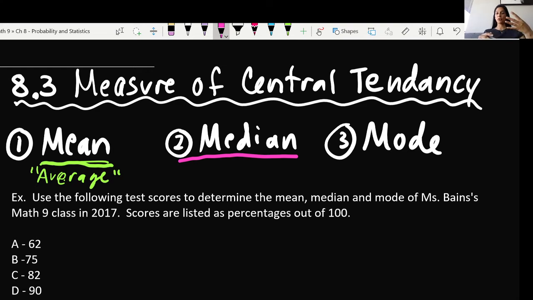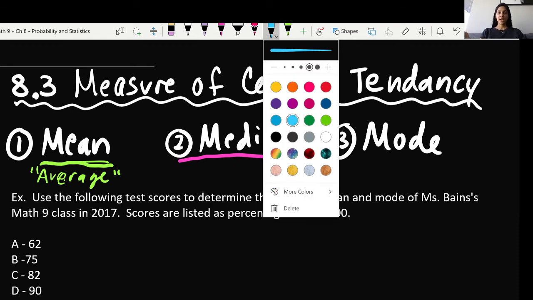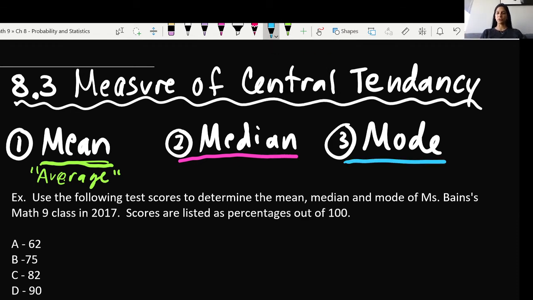If, however, you had 4 of them, well, there isn't one that's right in the middle, so you would take the 2 that are in the middle, number 2 and number 3, and you would add those 2 values together and divide by 2 to get what the median is. I'll show you with the example anyway, so you don't need to worry too much. And then this next one is called mode. This is the last one that we have. Mode is basically the value in your list of numbers. Mode is the value that shows up the most number of times, the one that is the most frequent.